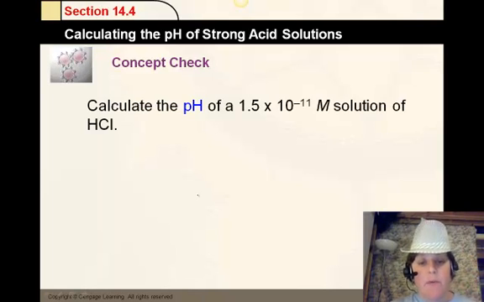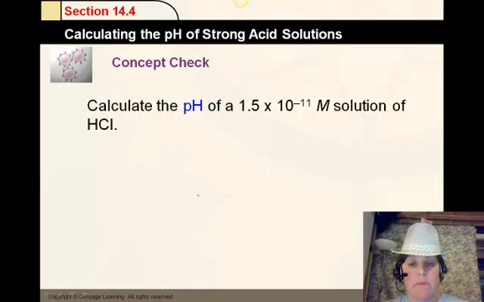Calculate the pH of a 1.5 times 10 to the negative 11 molar solution of HCl. Alright, well in this case, if you did the pH like we normally do, in other words, we take the negative log of 1.5 times 10 to the negative 11, I get 10.8. And you'd say, okay, that's the pH, but how could that be? 10.8 is a base, and HCl we know is an acid.